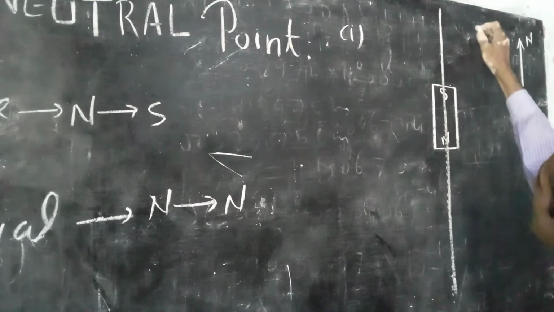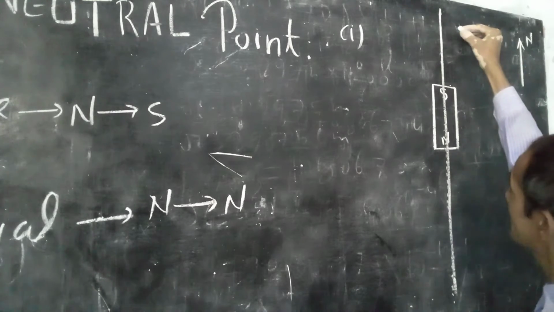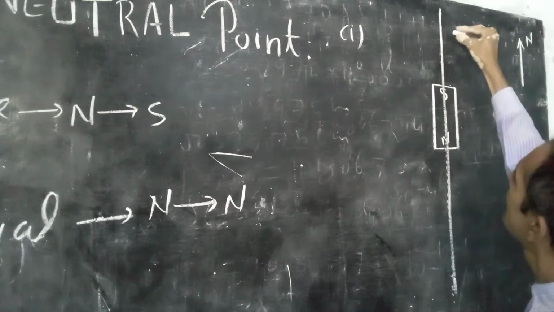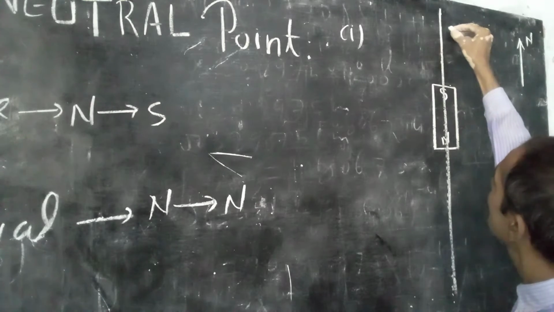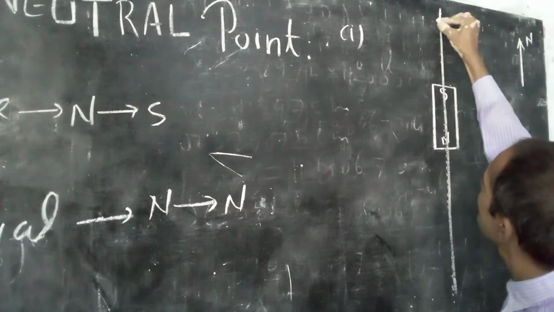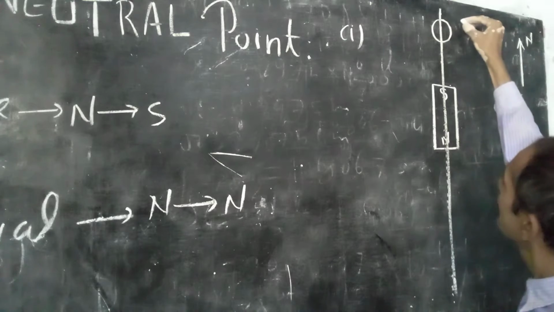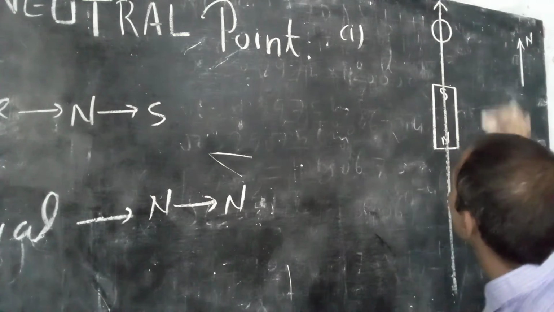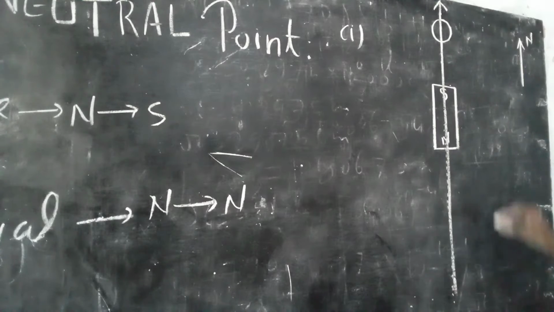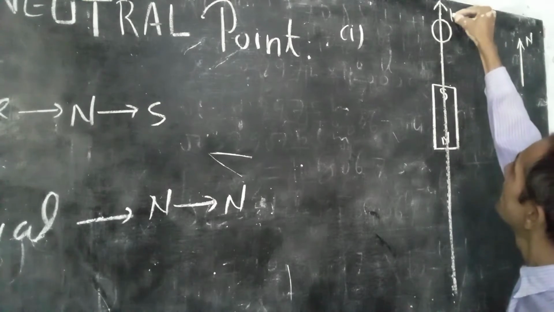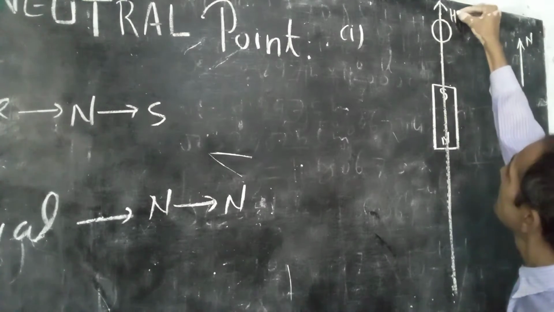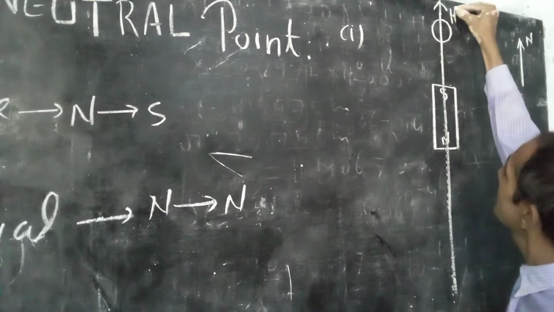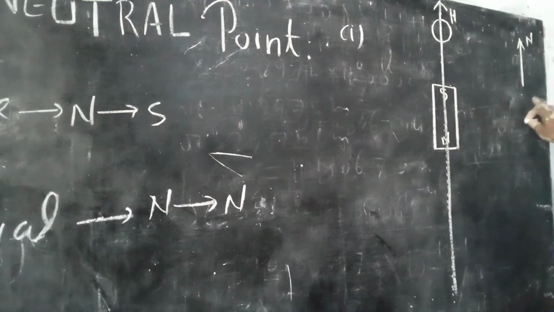The point on this axis at which the horizontal component of Earth's magnetic field becomes equal and opposite to the magnetic field produced by the bar magnet. The horizontal component of Earth's magnetic field is in the direction of north of the Earth.